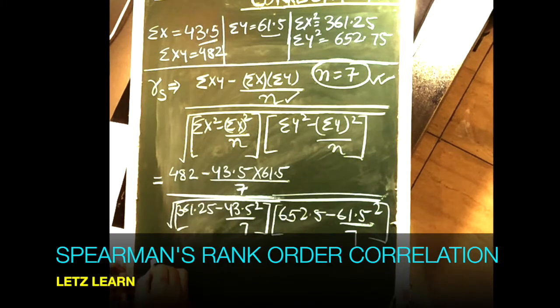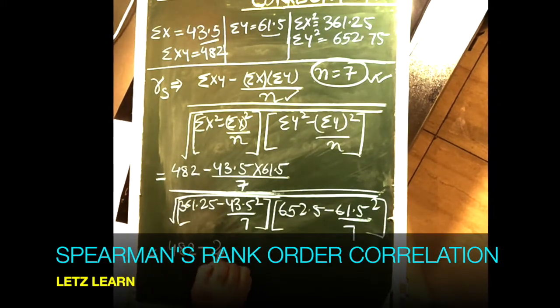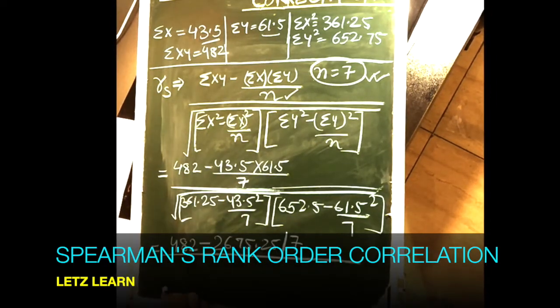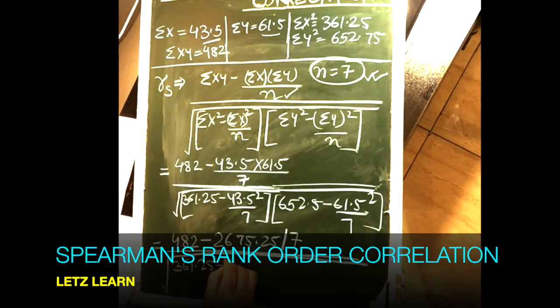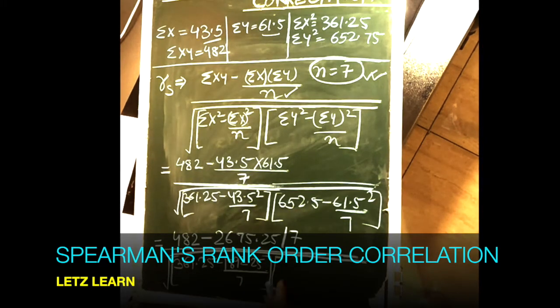So our next step is to simply place all the values that we calculated from the tabular format and do the calculation easily, patiently with the help of a calculator, and then we will get our value of Rs.